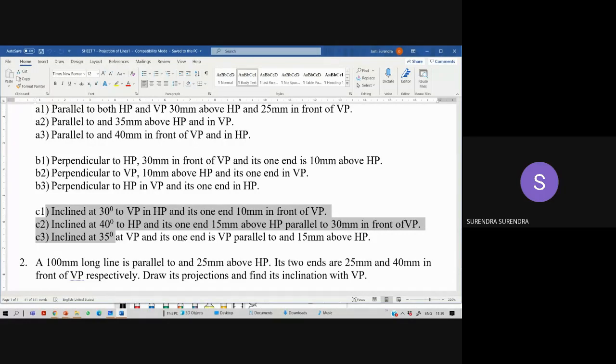When the line is parallel to the vertical plane, both the endpoints are at the same distance from the vertical plane. So here, as the line is parallel to HP and VP, 30 mm above HP means both the endpoints are at a distance of 30 mm from HP.